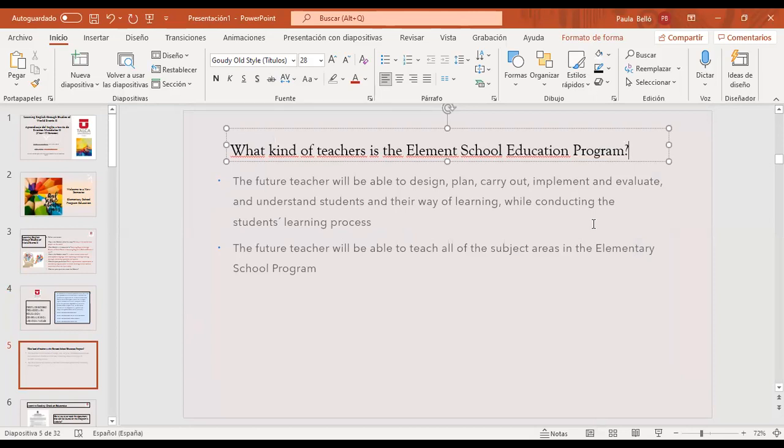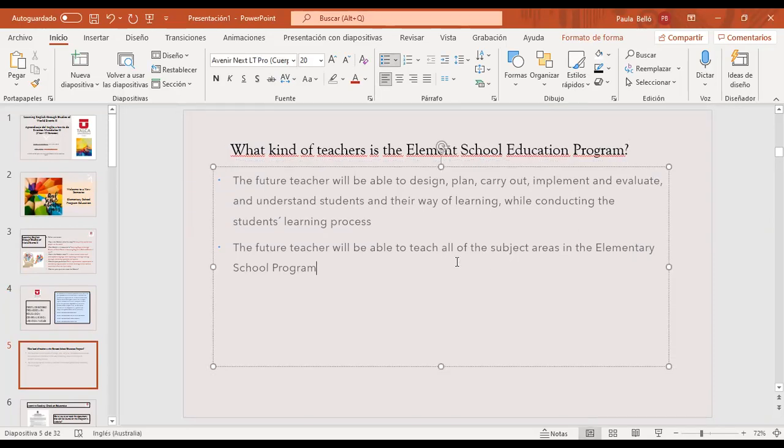These future teachers can teach all of the subjects in the elementary school program, including English, we said.